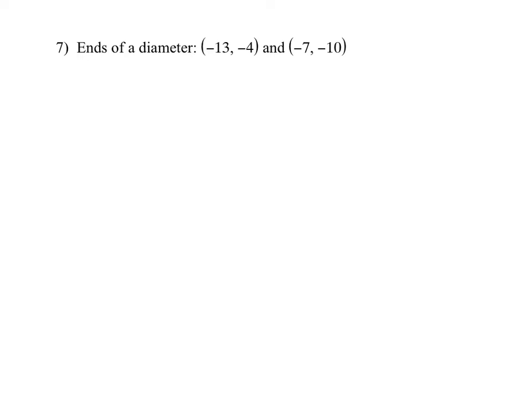Okay, so now I have the ends of the diameter. So these are the endpoints of the diameter. I need to find two things here. First of all, I need to find the distance between those two points. So the distance is the square root of negative 13 minus negative 7 squared plus negative 4 minus negative 10 squared.